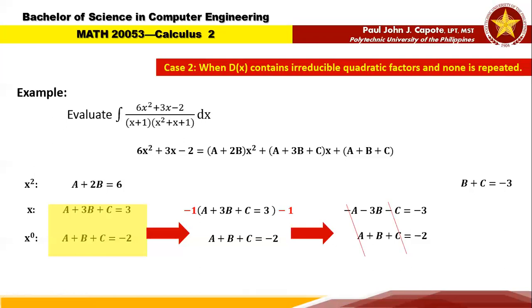And also we have here opposites C, -C and +C, and these two will be eliminated. So what remains? We have -3B plus B, which is equal to -2B, and we have -3 plus -2 is equal to -5. Solving for B, we have B is equal to 5/2.